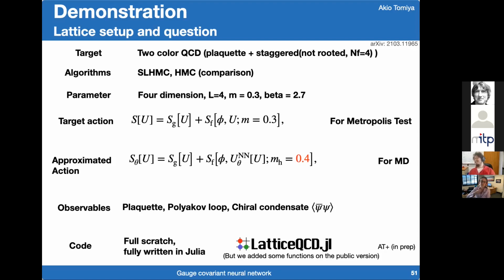Yes. So this is a similar thing. We work in 4D, but it's very far from the physical point. Of course, we can use this network at the physical point, but it's too costly to train the network and also to test a bunch of different parameters. Thank you.